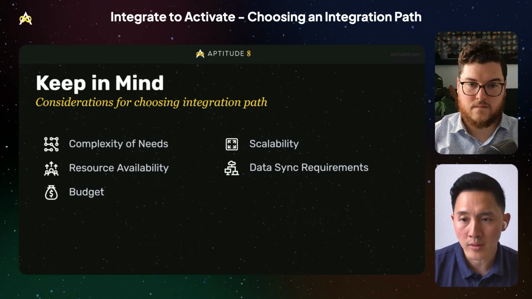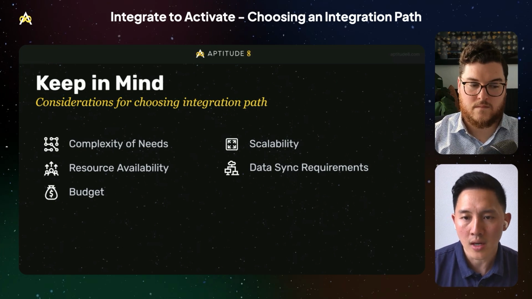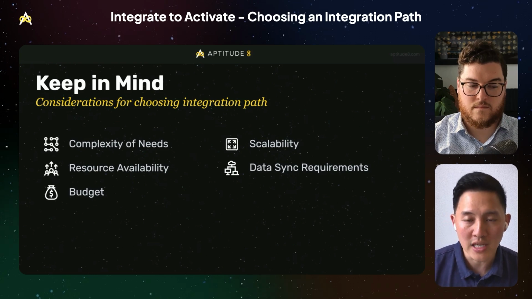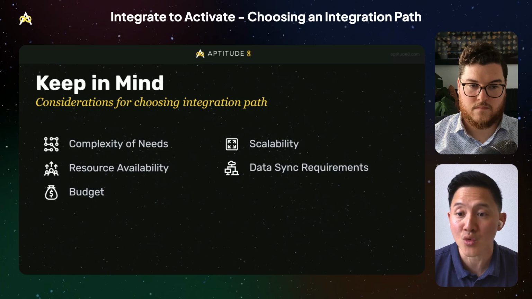The third one here, on the budget side, is just as important as everything else, right? How much do you want to spend? When it comes to iPaaS systems, the cost there can balloon pretty quickly if you're thinking bigger picture. You're not just talking about a 2 endpoint integration; you might be looking at 10, 15, 20.